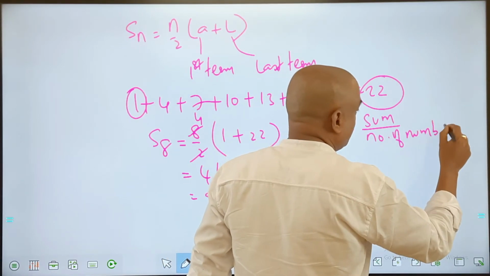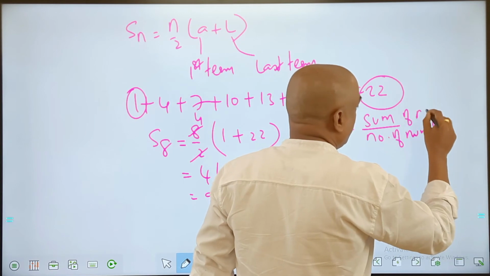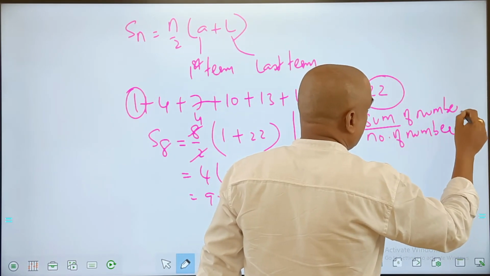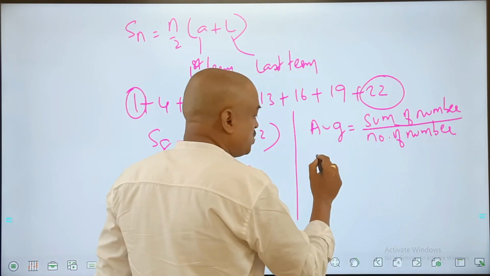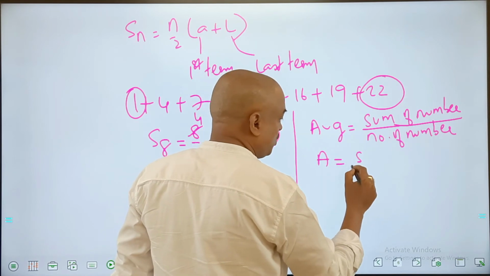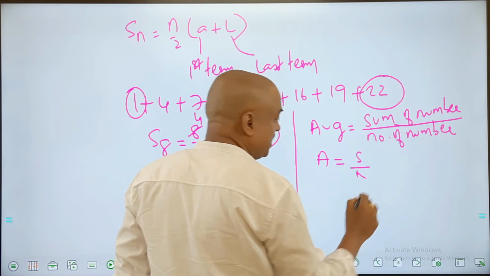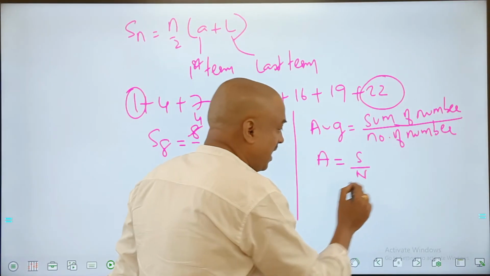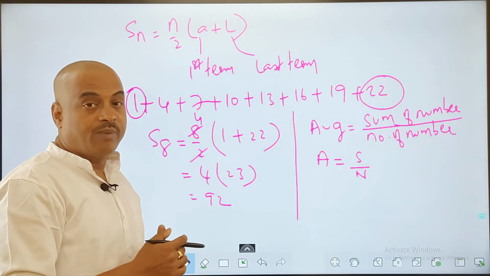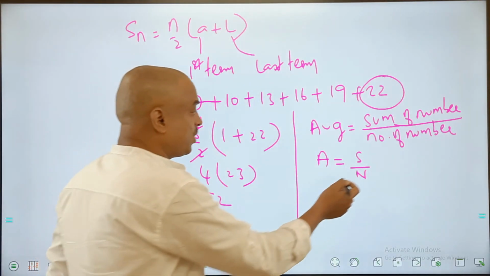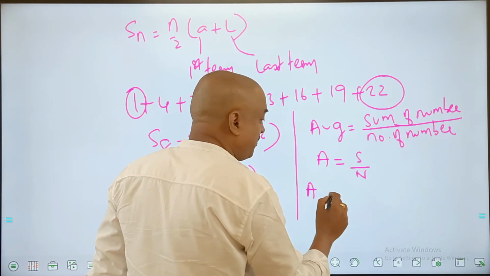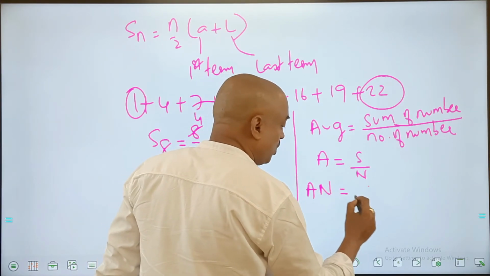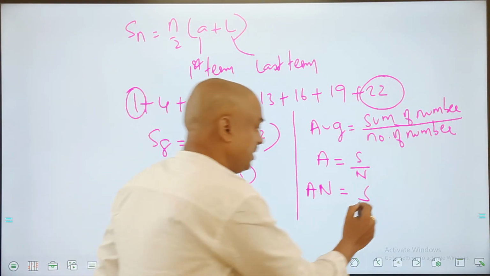Sum of the numbers upon number of numbers is the formula to find average. In short, average is equal to sum by number, right? So if I cross multiply, friends, average into number is equal to what? Sum, correct?